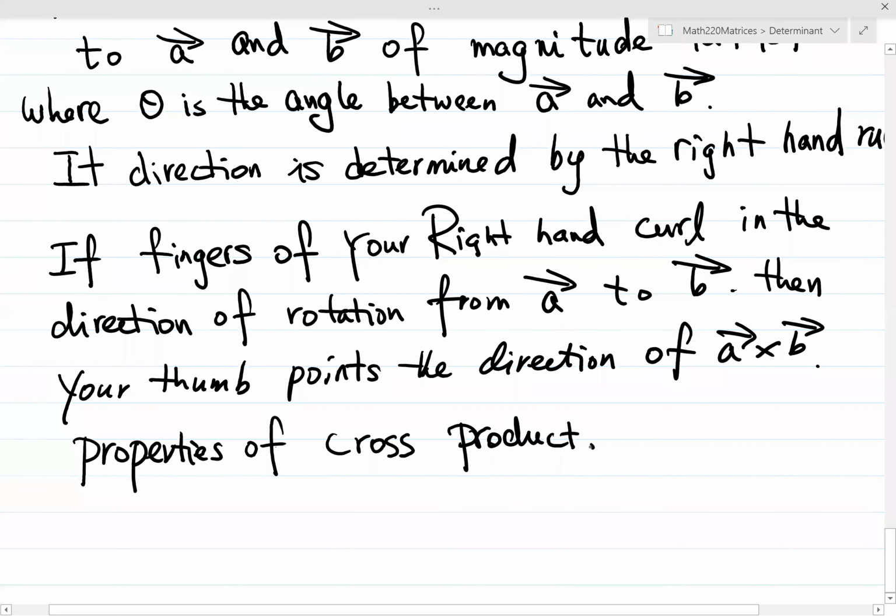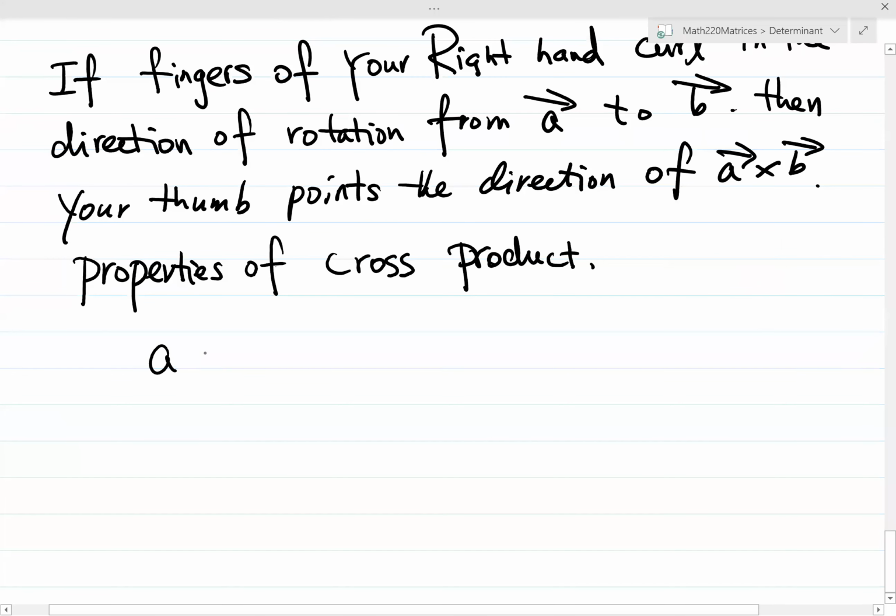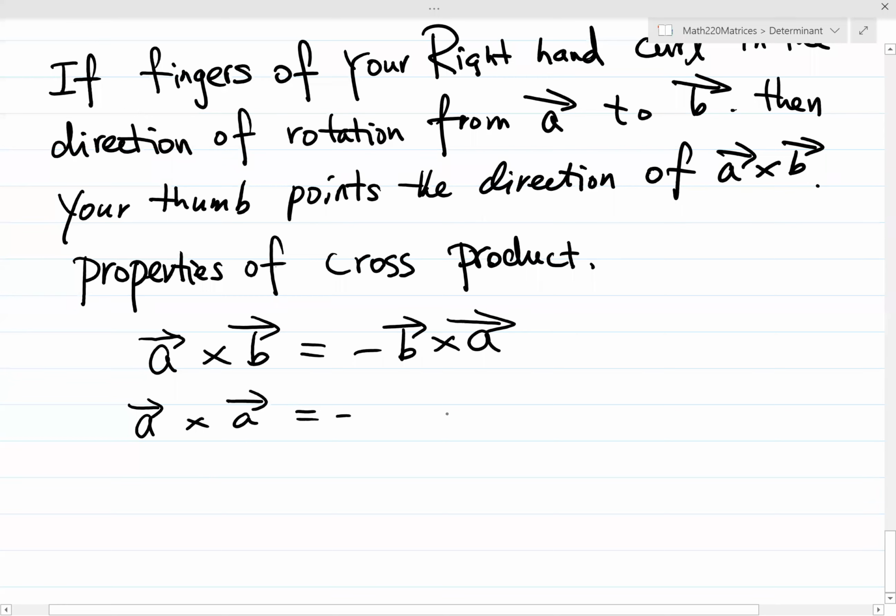First of all, A cross B equals negative B cross A. So the vector flips direction if you swap the order. The cross product is not commutative, so be careful. If you take B equal to A, you see A cross A equals negative A cross A. A vector equals the negative of itself, which means this should be 0.